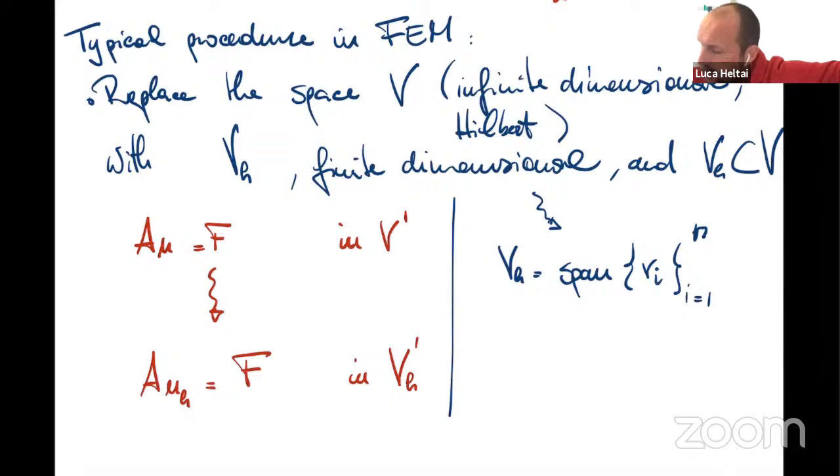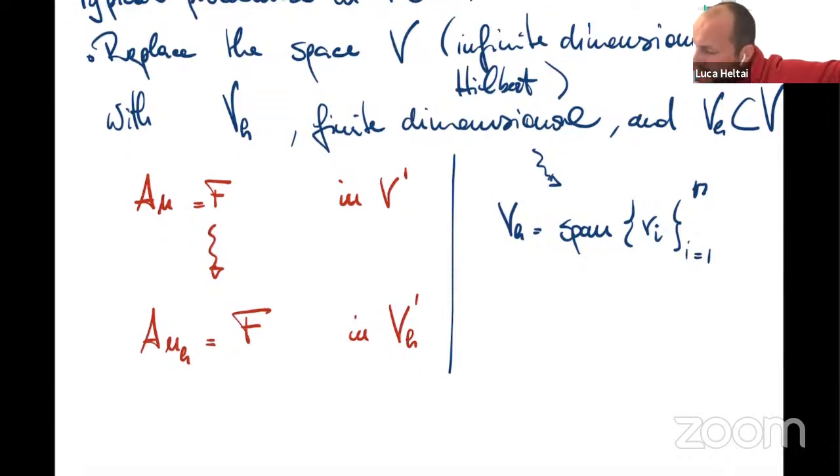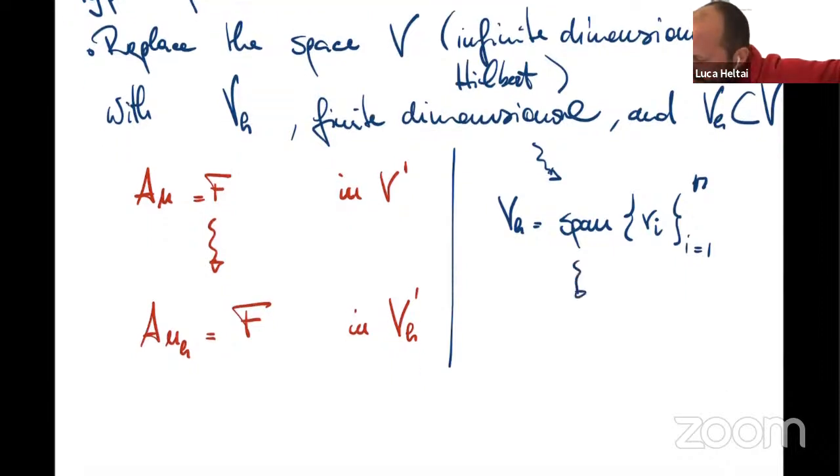And if it's finite dimensional, then every function UH can be written as the sum of UI VI. And if I look at this writing, let me be more precise.